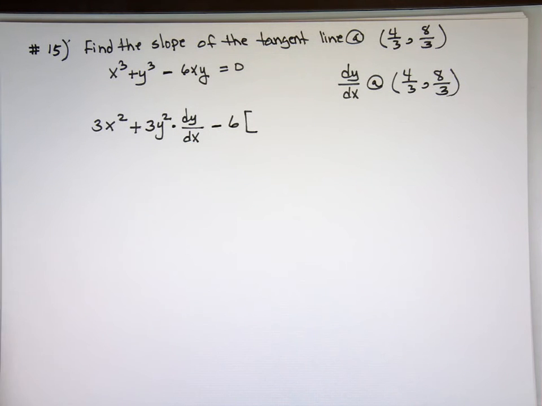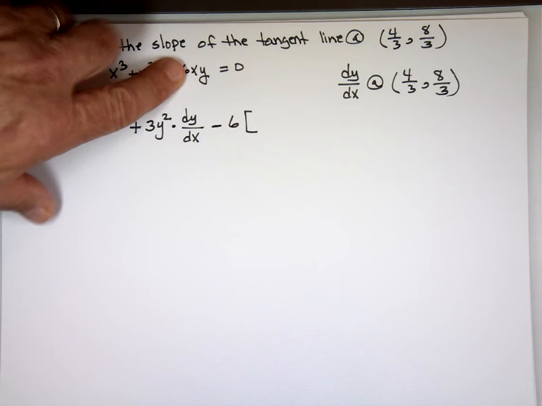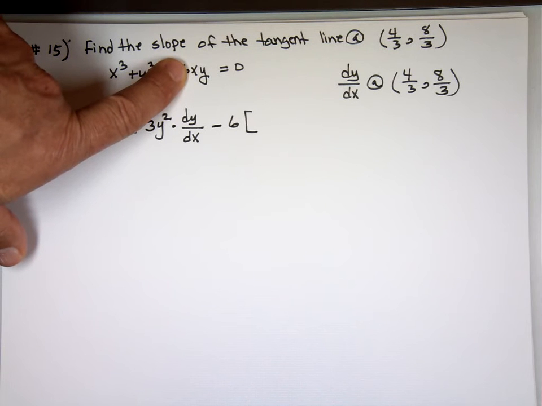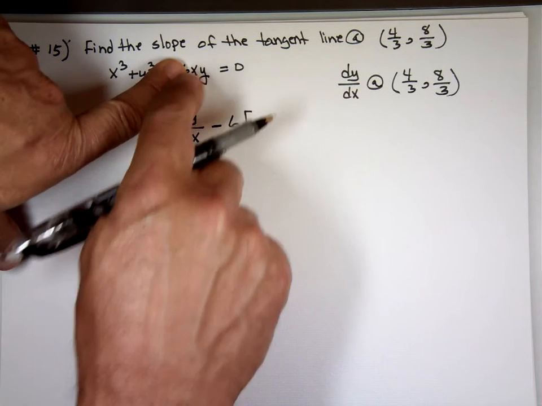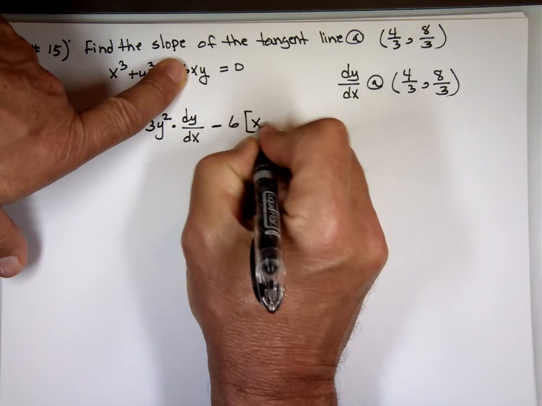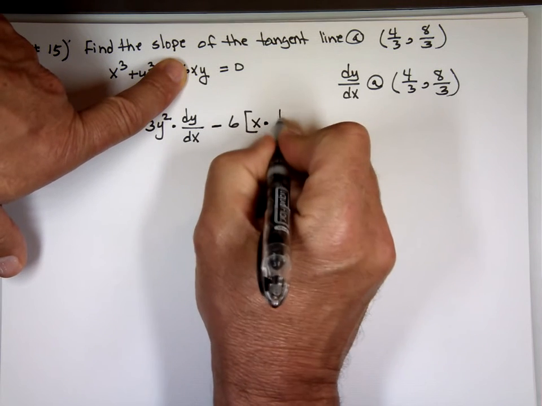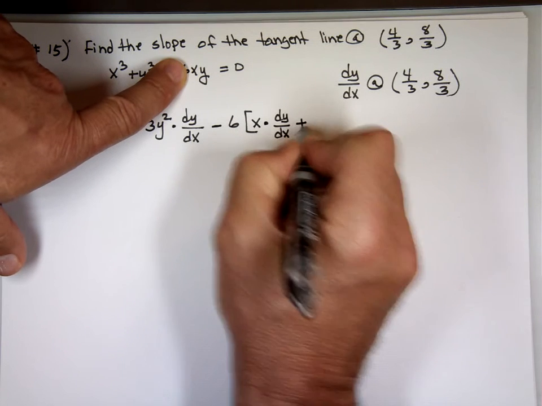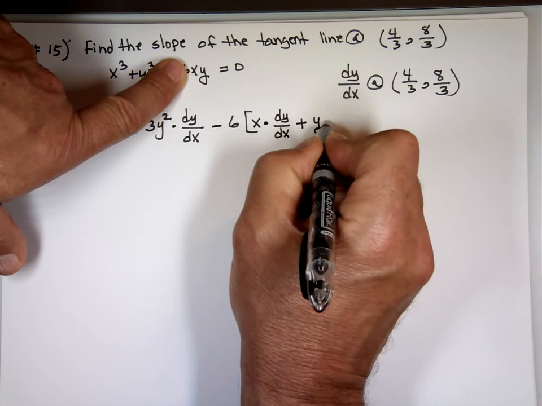That's the product rule. X is the first, y is the second. The first, which is x, times the derivative of the second, dy dx, plus the second, which is y, times the derivative of the first, which is 1.